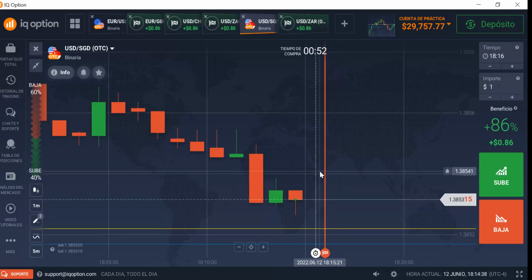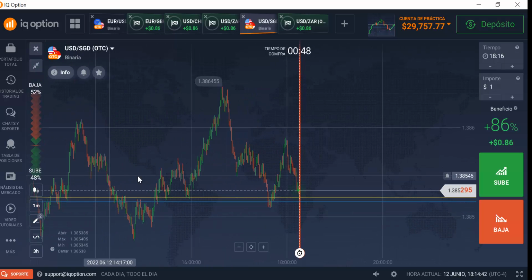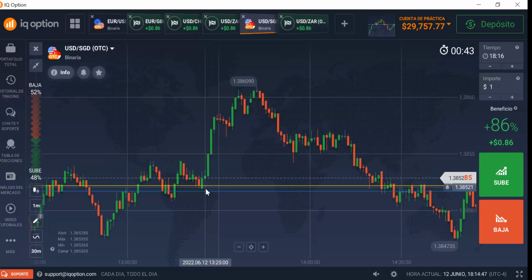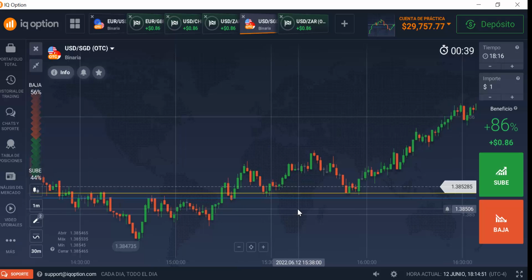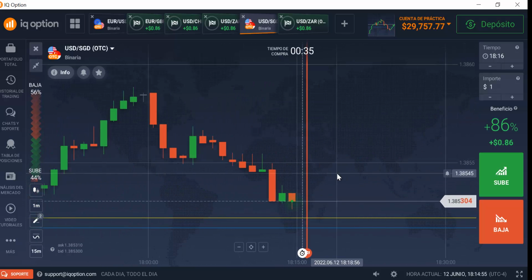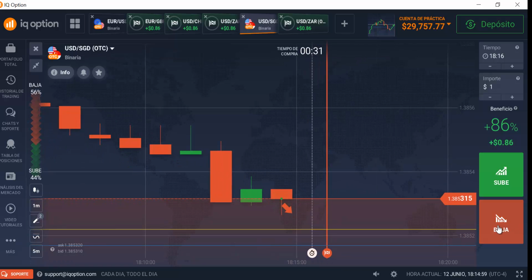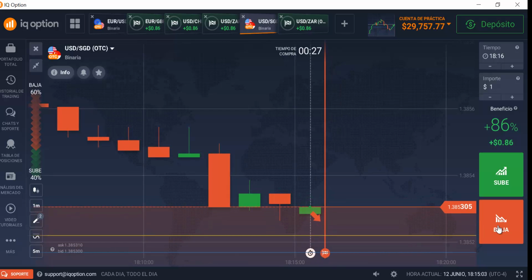What I'm going to do is take a lower option because I know that the market is going to try to reach this level right here, that level over there. So let's see what's going to happen. Okay, it's not engulfing, but okay, I'm going to take a lower option there.